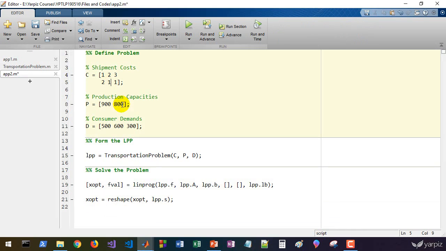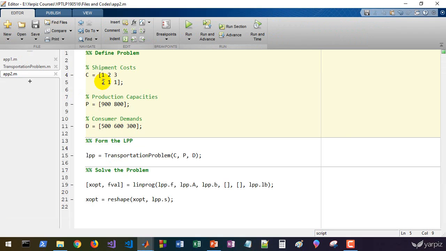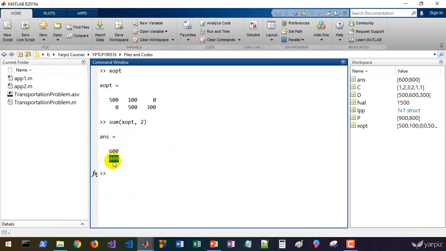Let's try it out. I change this value and you see that xopt will be as this, and if you sum this to find the used capacity level, you see that this time the second provider, for overall lower transportation costs, will be used fully, and the first provider will not use its whole capacity.